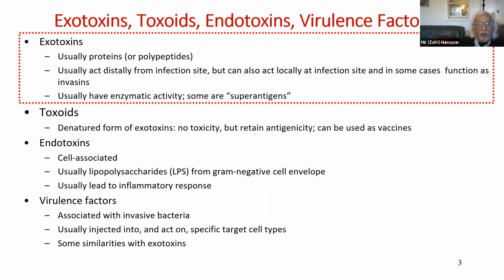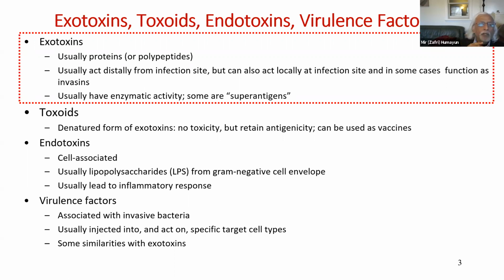In this slide, we'll look at various definitions: exotoxins, toxoids, endotoxins, virulence factors. Our focus for the remainder of the lecture is the highlighted one, exotoxins. Exotoxins are usually proteins or polypeptides. They usually act distally from the infection site, but can also act locally at the infection site, and in some cases function as invasins.